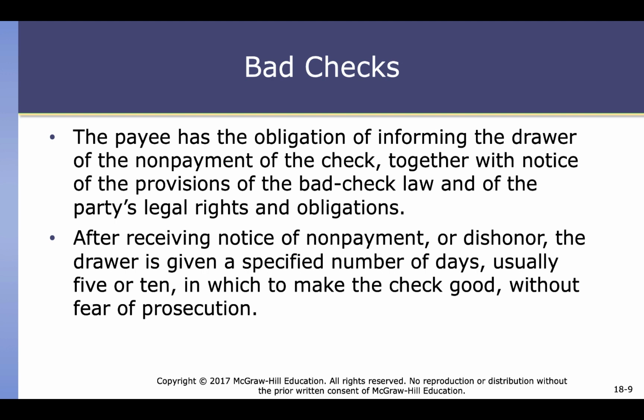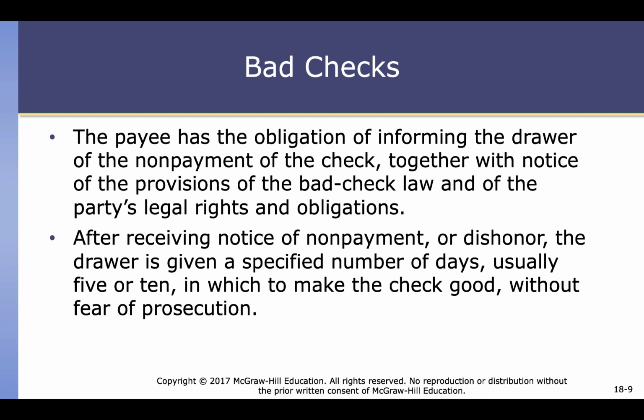If someone writes a bad check, the payee has the obligation of informing the drawer of the non-payment of the check. So remember, the drawer would be the one who created the bad check. The payee is the one receiving payment. If the check is a bad check, then the payee must notify the drawer, together with notice of the provisions of the bad check law and of the party's legal rights and obligations.